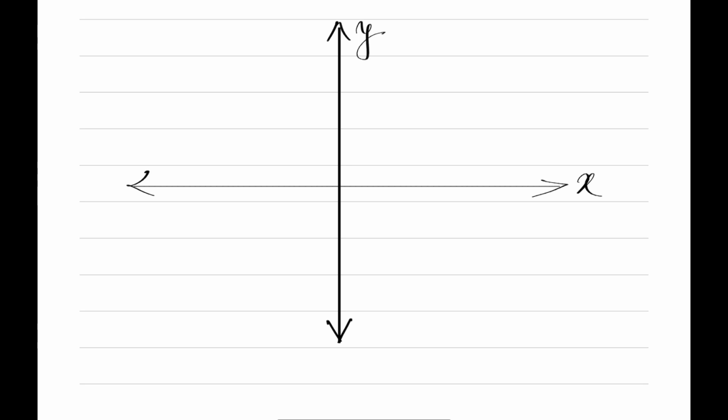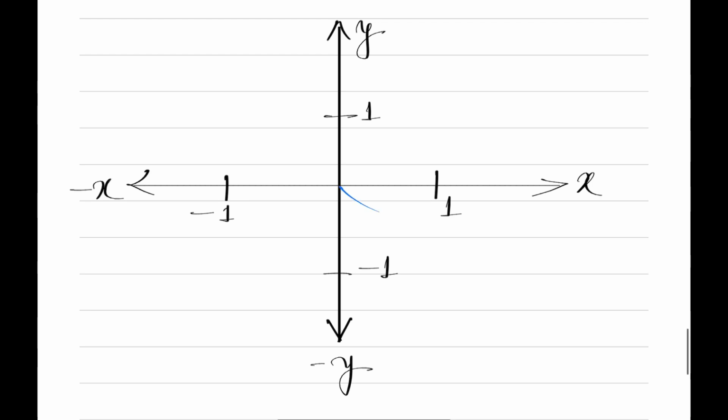We will see through a graph. This can be x and this is y. This will be minus x and this will be minus y. And 1, 1, minus 1 and minus 1.